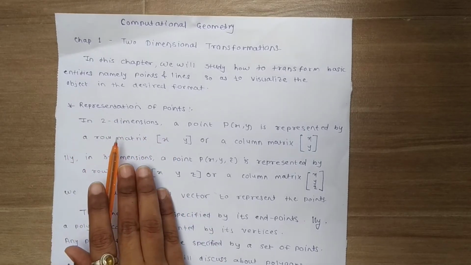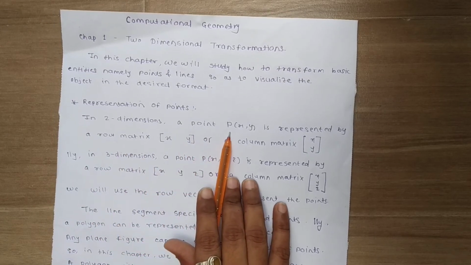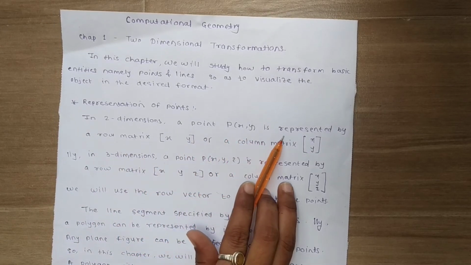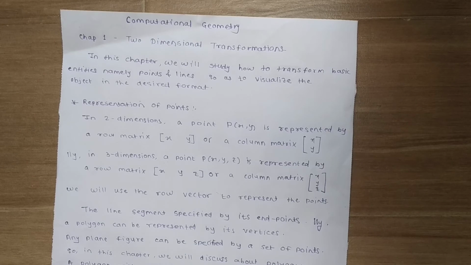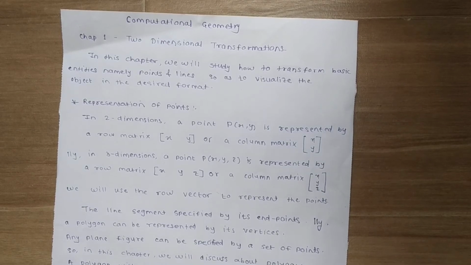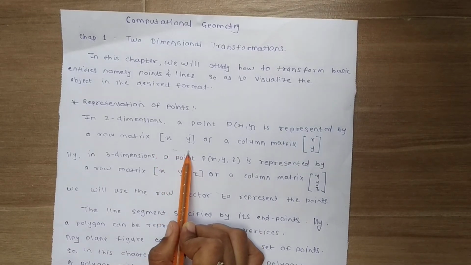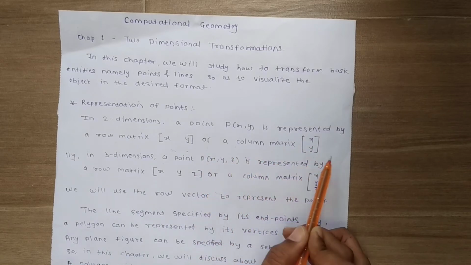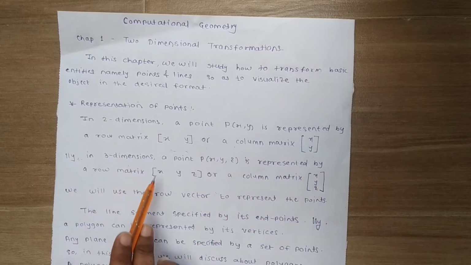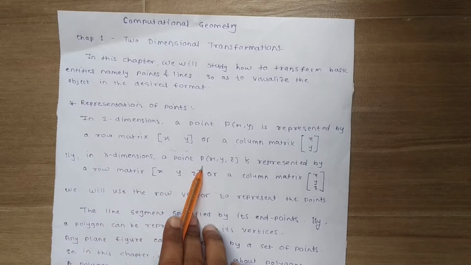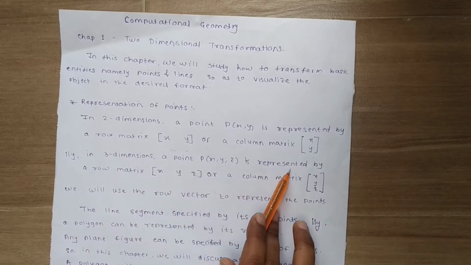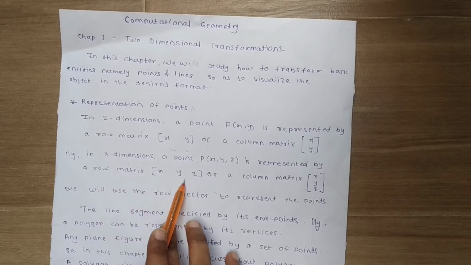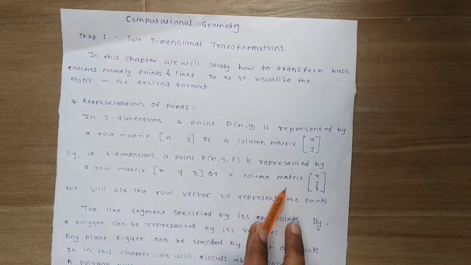In 2 dimensions, a point P(x, y) is represented by a row matrix [x y] or a column matrix. Similarly, in 3 dimensions, a point P(x, y, z) is represented by a row matrix or a column matrix.